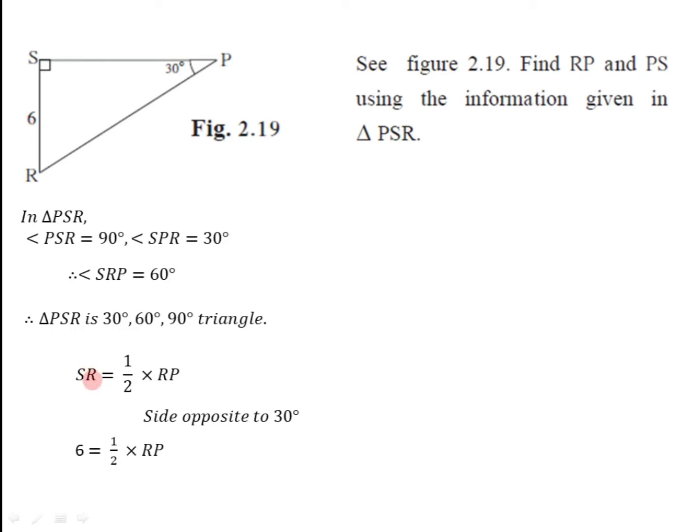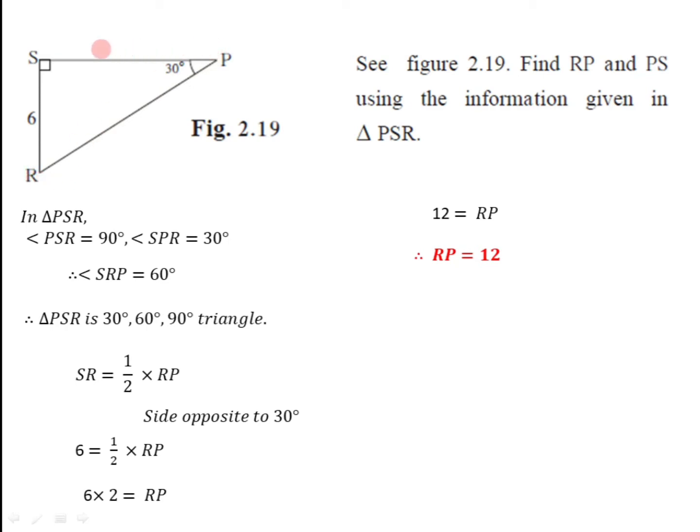So we'll replace SR here by 6, that is equal to 1/2 into RP. If we take 1/2 to the left hand side, it will be in the numerator, that is 6 into 2, that is equal to RP. 6 into 2, that's 12 is equal to RP. That means RP is equal to 12 units. So this is the length of the first segment we wanted, that is length of RP is 12 units, which is the hypotenuse of this triangle.